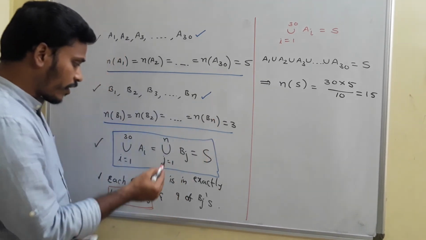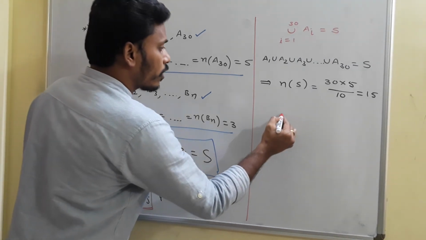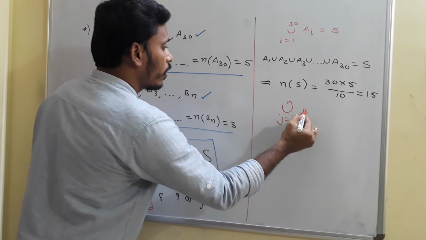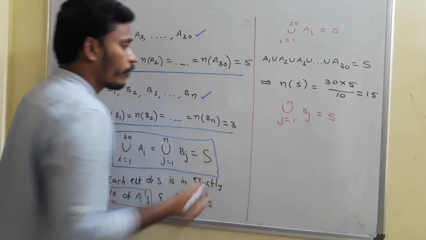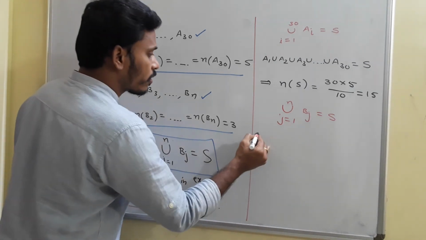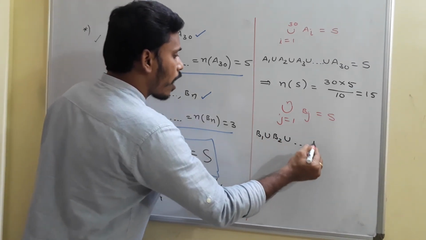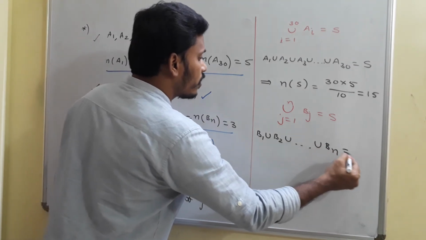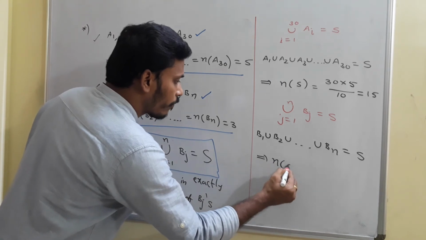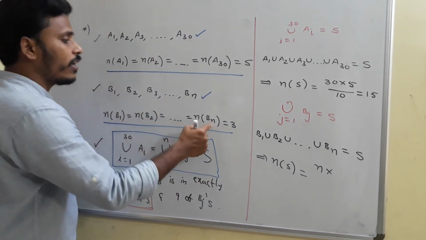Similarly, as per the second restriction, what is that? Union of bj for j equals 1 to n is equal to S. Look there. Now, if you apply the same logic for these bj's, b1 union b2 union and so on union bn is equal to S. Then again, if you try to write n(S), totally there are n sets and each set has 3 elements.